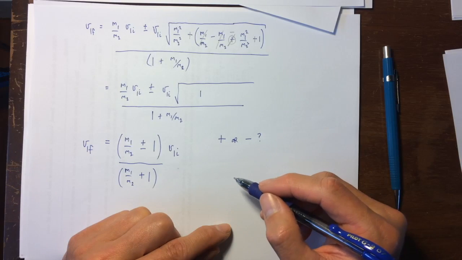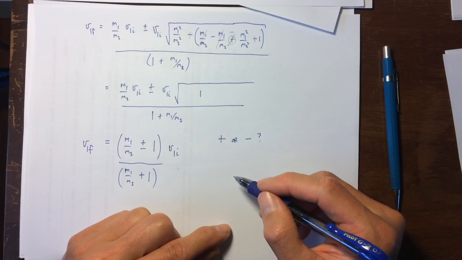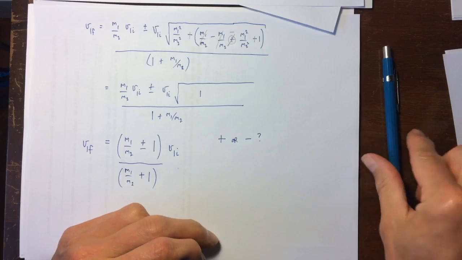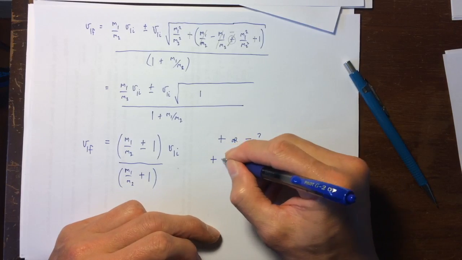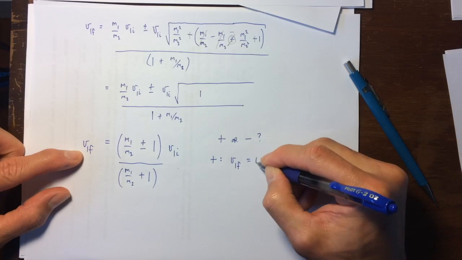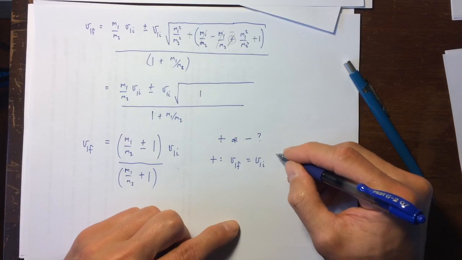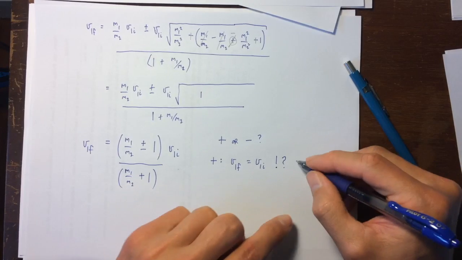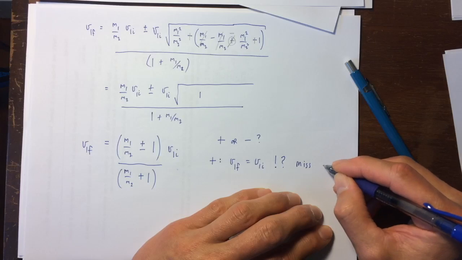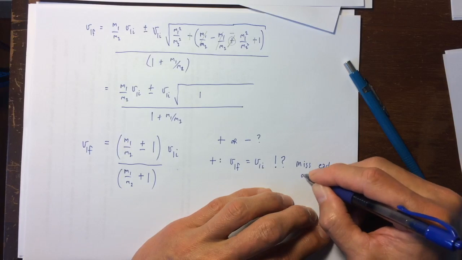Let's see, what's the interesting one? What if I choose plus? What you get is v1 final equals v1 initial. This is what you'll get if the two objects miss each other.